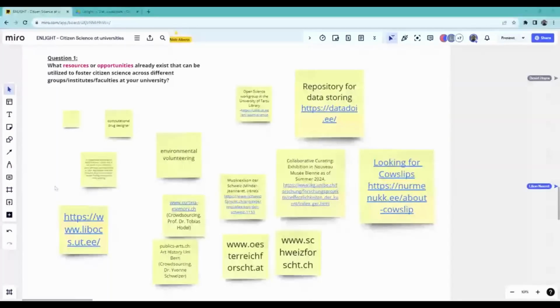So you've provided quite a lot of links. We discussed that some of these links are places where we can find information about ongoing activities. Some of these are at the national level, but also some at the university level.